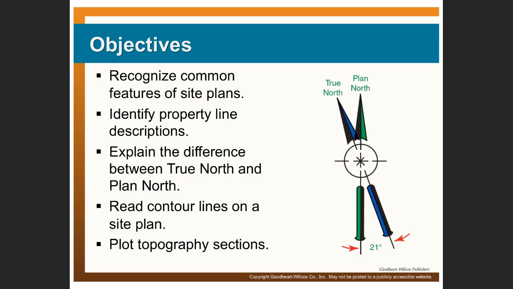So again, what are we going to try to do tonight? Obviously, we want to recognize some of the common features of site plans. Site plans have descriptions of the property line, so we want to make sure we understand how those are shown on a site plan. Know what the difference is between true north and plan north.